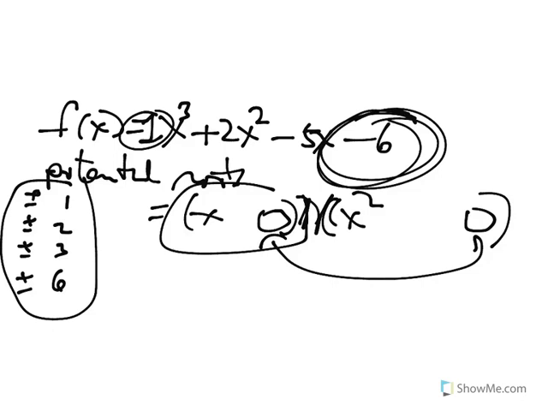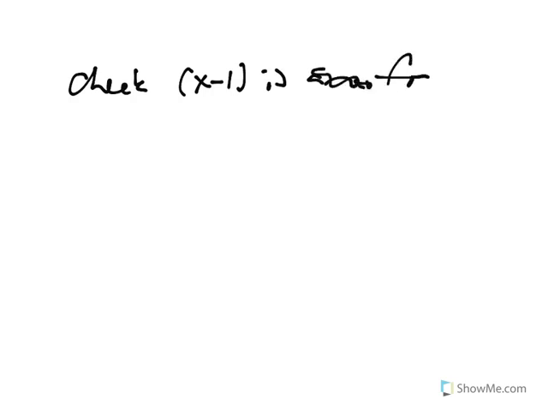So I'm going to show you how you would use synthetic division to check. Okay, so to check to see if x minus 1 is a root, is a factor. Here are the coefficients, 1, 2, negative 5, negative 6.